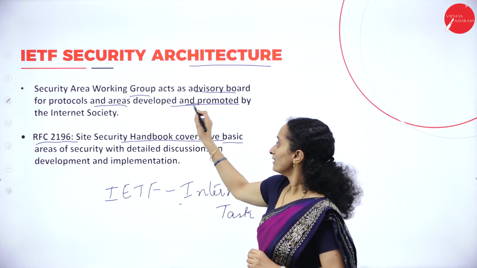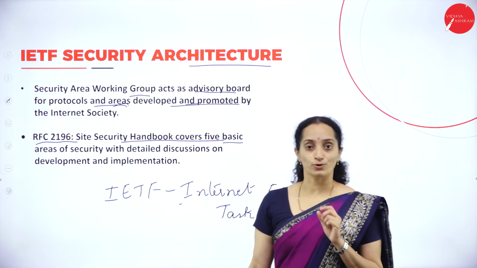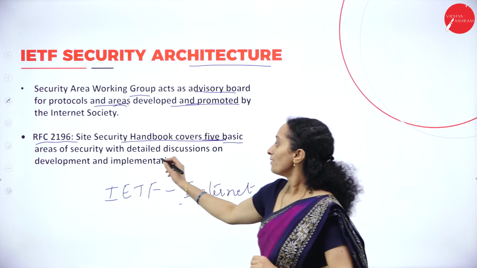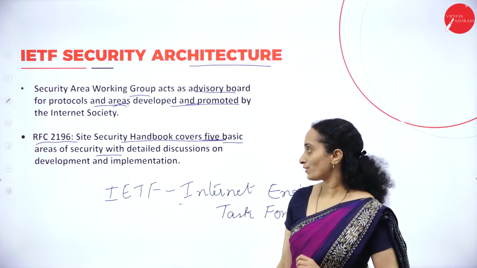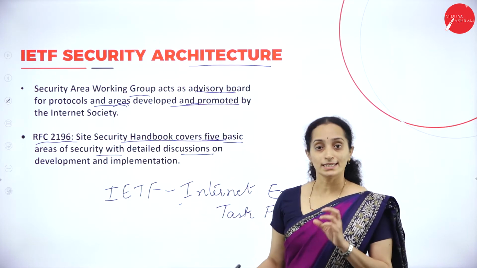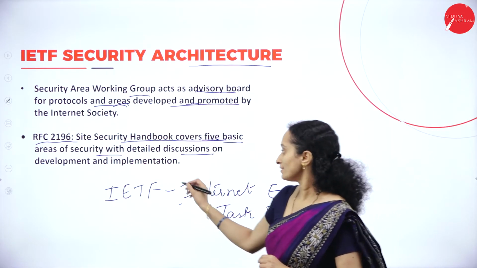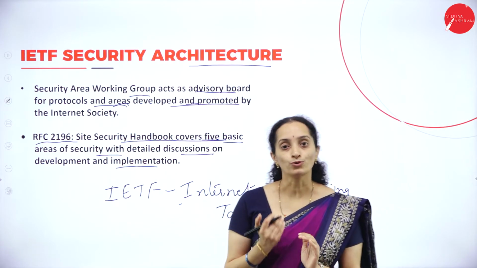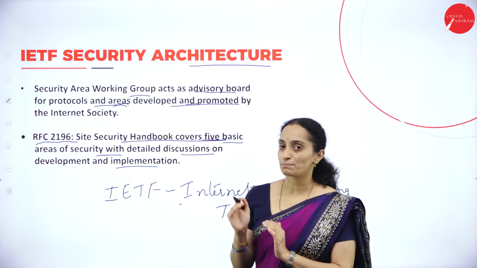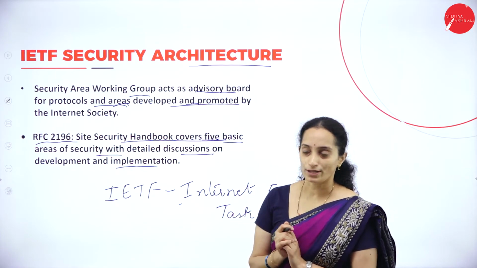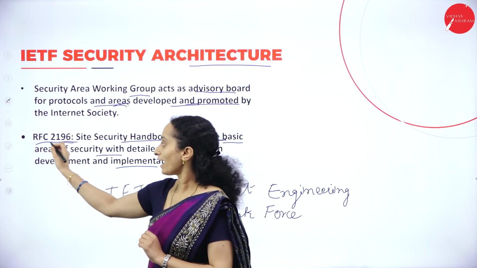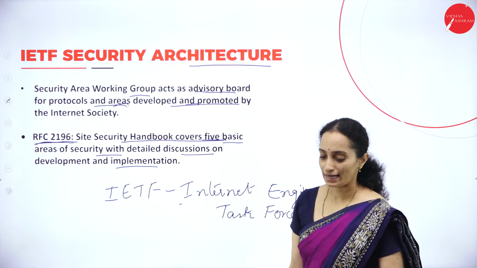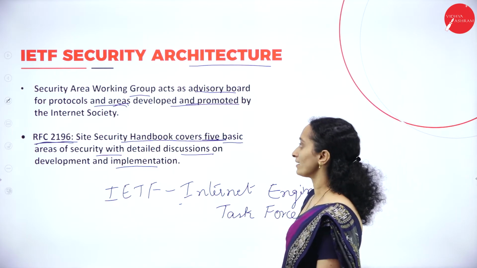This handbook covers the 5 basic areas of security with detailed procedures or discussions on how to develop the security system and how to implement the security in that particular system or model. So this is the model or the handbook provided by IETF for securing data in the organization.